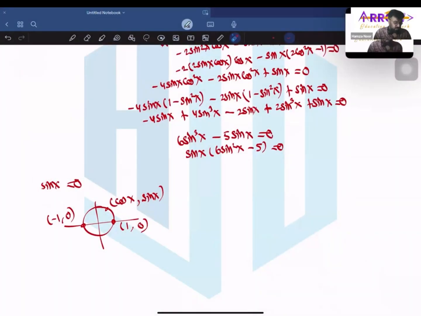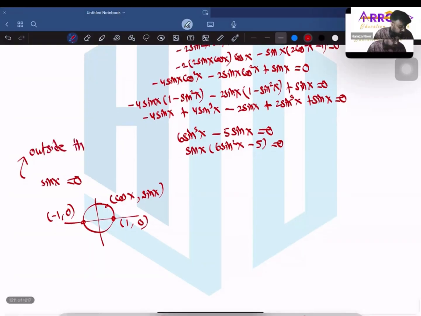You can simply say this is not needed, or just outside the interval, or you can simply ignore it. That's perfectly fine. So this is outside the interval, or ignored, or rejected.